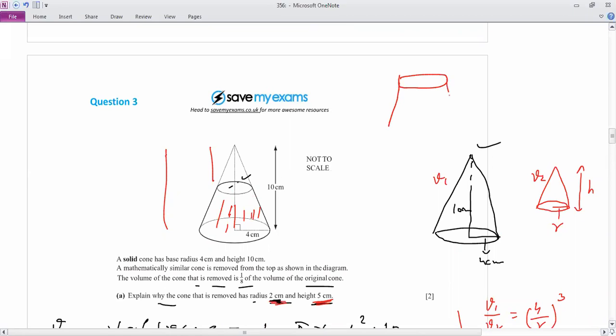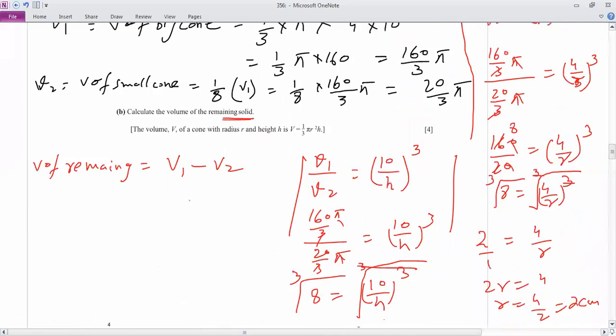Remember we did one question like this one in the previous lesson also. Yes, this is the volume of the cup. So you can get it. V1 we know. What is V1? 160 pi over 3 minus, already I calculated, so no need to calculate again. So 160 pi over 3 minus 20 over 3 pi.